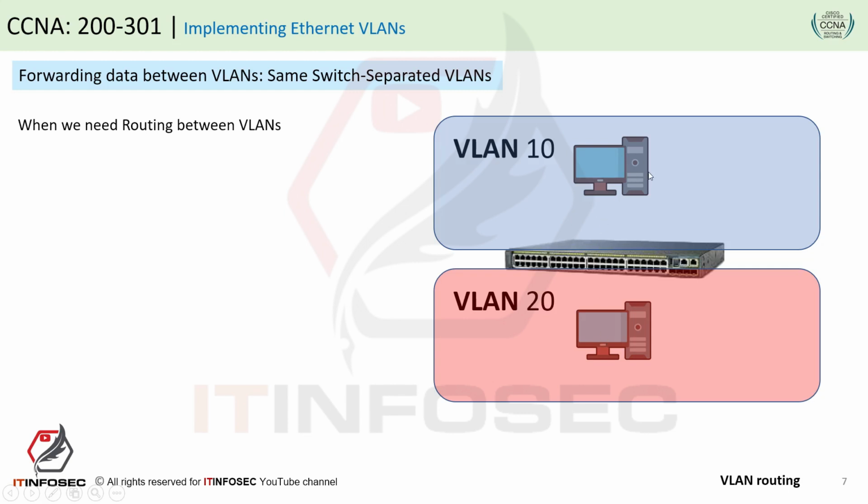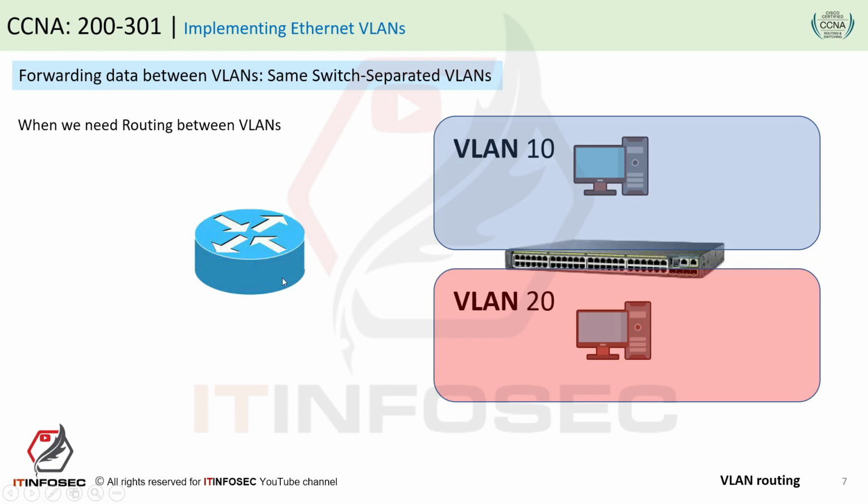Maybe we need some computers in VLAN 10 to be connected to some computers in VLAN 20, but not all. Otherwise, we could put all computers in the same VLAN. In this situation, we need another device called a router.